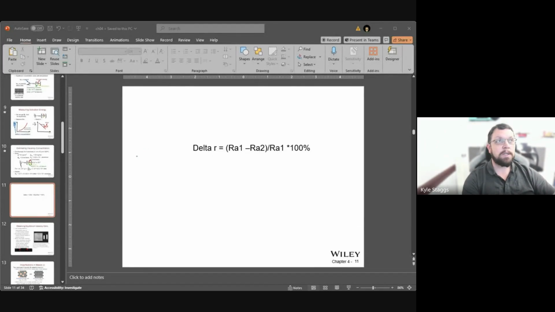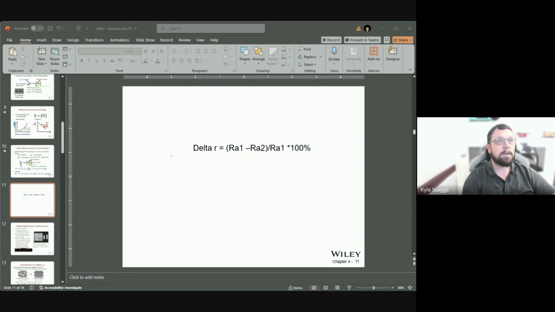So it's actually the delta R, the difference in radius. The difference in radius is the radius of atom 1 minus the radius of atom 2 divided by radius of atom 1. Depending on which one it is, if you get a negative value or a positive value, it doesn't matter. You could also simplify this to simply dividing the ratio of one relative to the other.